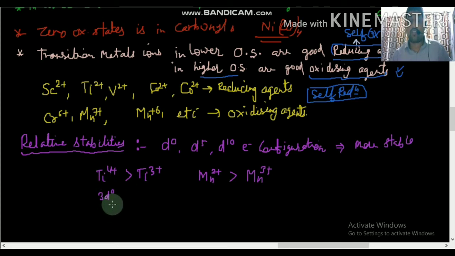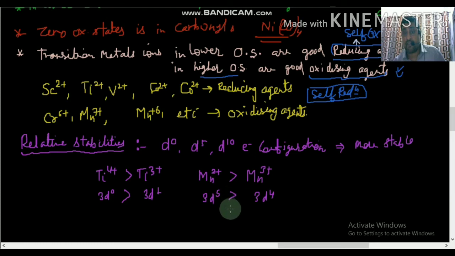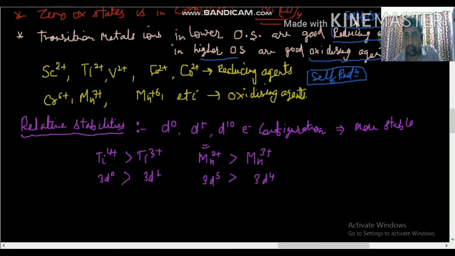In titanium 4 plus it is 3d0, and in titanium 3 plus it is 3d1. Which is more stable? 3d0, of course. Similarly, Mn2 plus has 3d5, and Mn3 plus would have 3d4. So 3d5 is exactly half filled, it is more stable. That's why manganese 2 plus is more stable than manganese 3 plus. So in such a way you can compare.